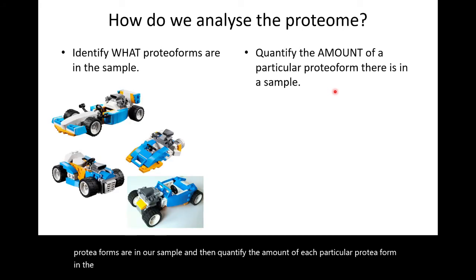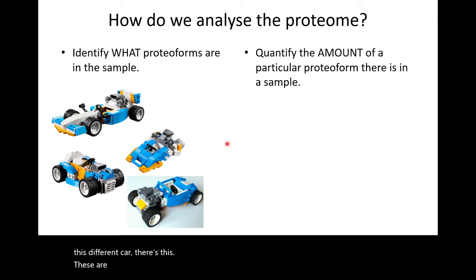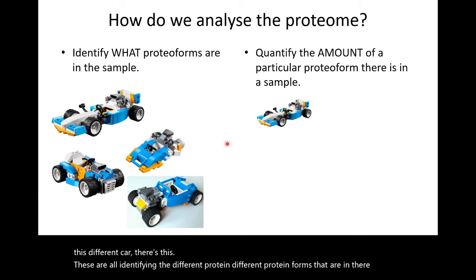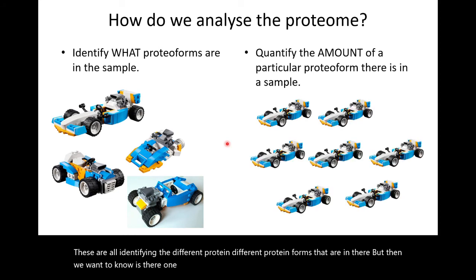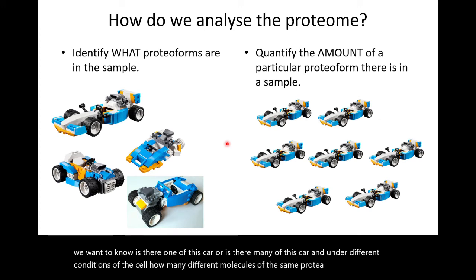So we want to say, okay, there's a car, there's this different car, there's this. These are all identifying the different proteoforms that are in there. But then we want to know, is there one of this car, or is there many of this car? And under different conditions of the cell, how many different molecules of the same proteoform are there? And are they increasing or decreasing in abundance?